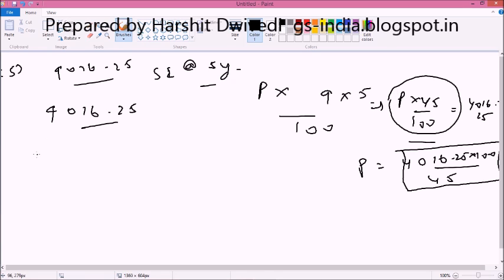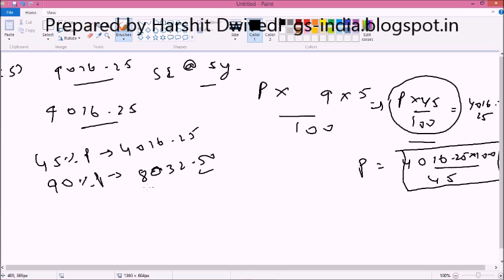So if 45% of P is 4016.25, then obviously 90% of P will be double of this, so it will become 8032.50. And what we have to calculate is 100% of P. This is what we need to do.